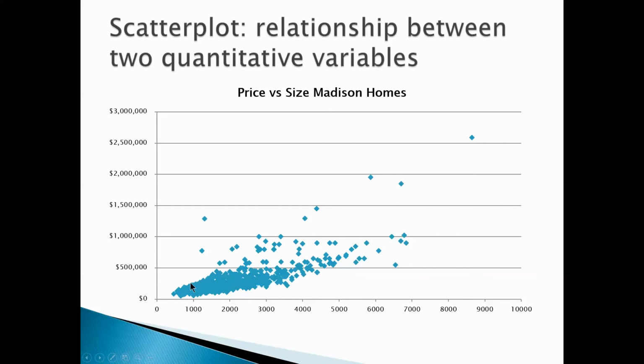And not only that, but in a kind of predictable way. There's some crazy variation up in here, but more or less the bigger the house explains the higher the cost. And we'll be exploring that a lot later in the course, and actually next week, I guess, in linear regression. But that's the story for another day.